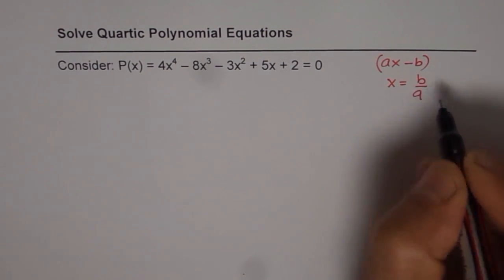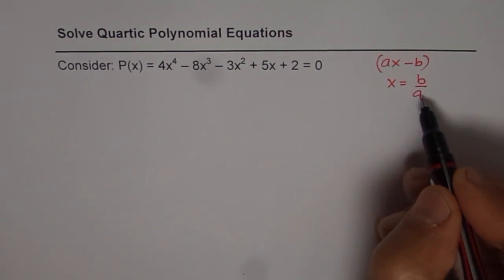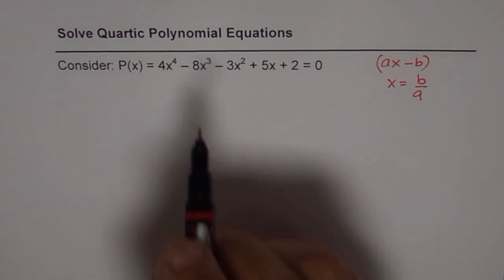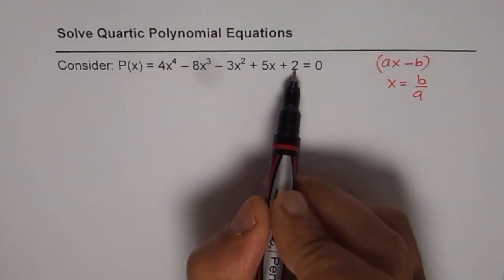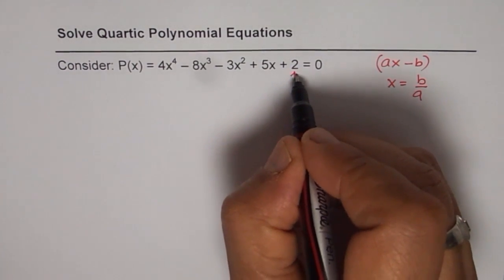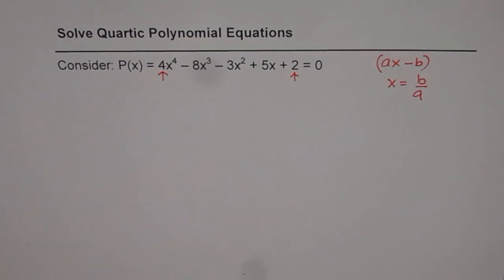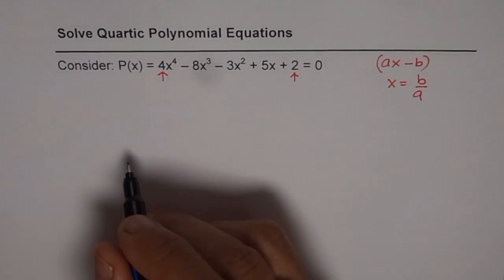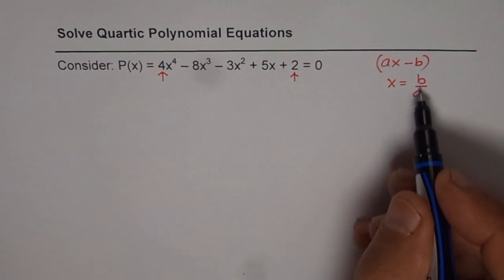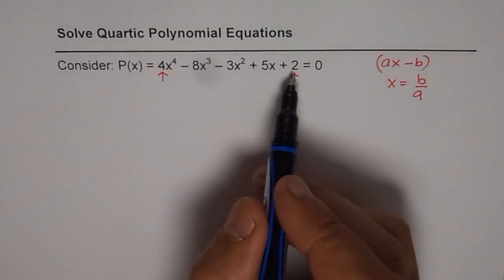So we are trying to find possible values of b over a, which we get by the factors of the constant and the leading coefficient, right? So these are the possible values which can help us find the answer, correct? So we should always begin by writing down the possible values of b over a which could give us a 0, right?